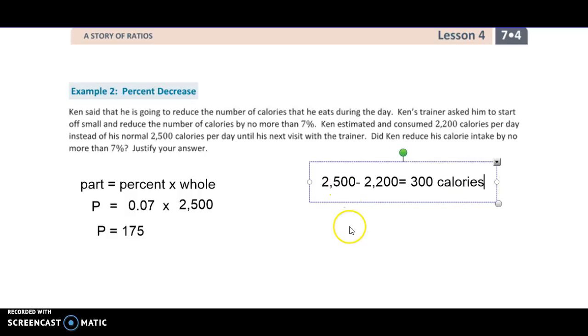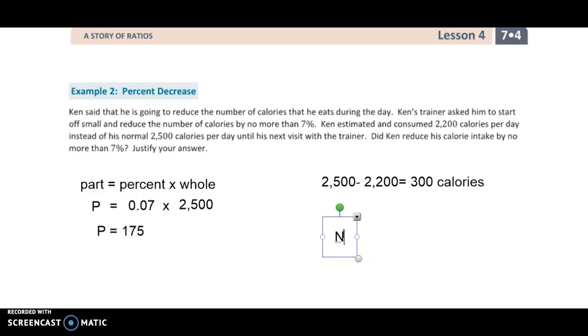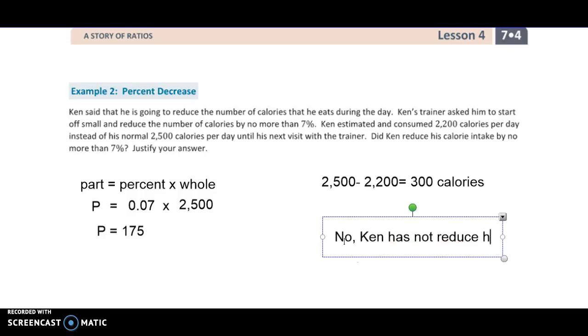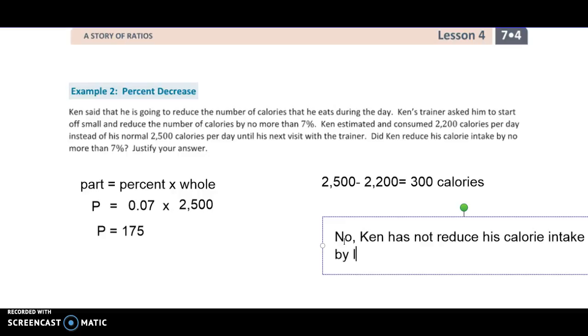So he's already cut out way more than his trainer would have recommended. So no, Ken has not reduced his calorie intake by less than 7%.